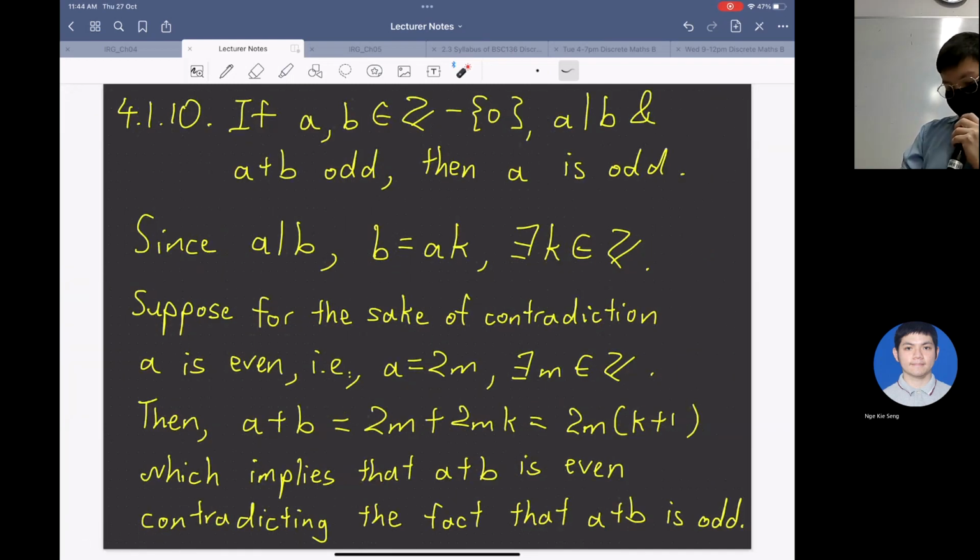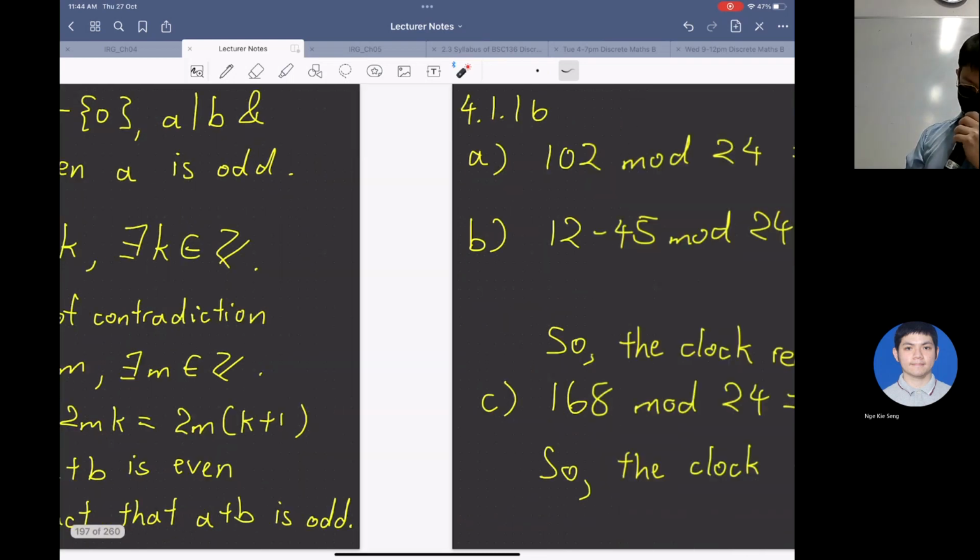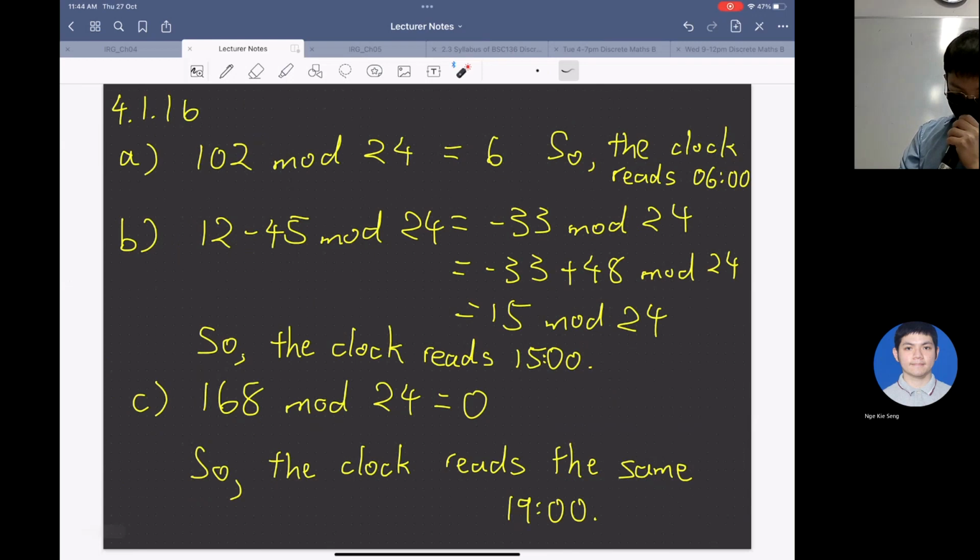This one is for you to play around with the odd number. We've touched on odd numbers before, right? And now we have divisibility, so put them together and see what we can get. Proof by contradiction. And then this one, 4.1.16, is for you to practice modular arithmetic, how to compute mod 24, for a clock.